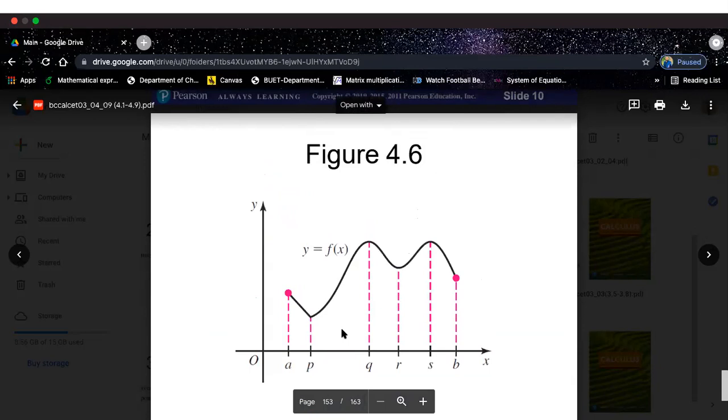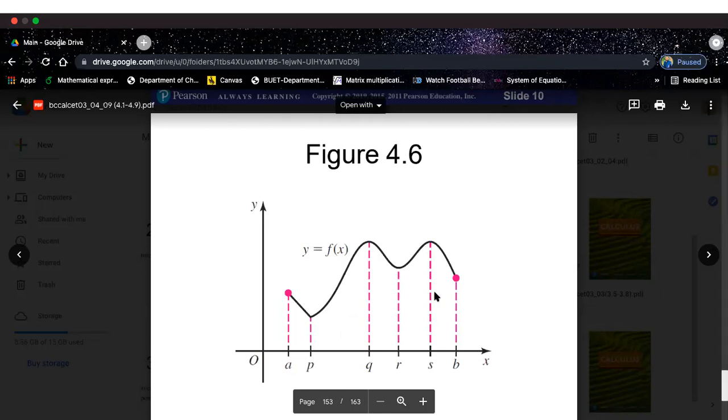Now, if I give you a graph like this, and I say, can you find the absolute maximum and absolute minimum from it? The answer should be yes, you actually can, right? You can find the local minimum and local maximum, or the absolute maximum and absolute minimum from it.